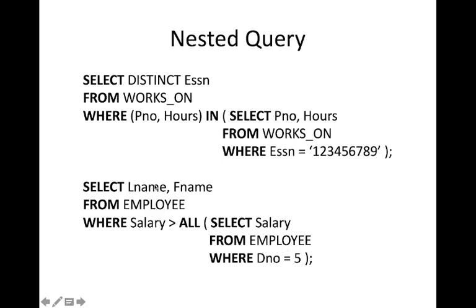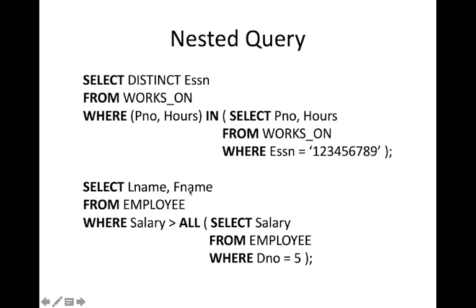So this will return the names of all employees whose salary is greater than all the salaries of the employees in department number 5. Whoever has a greater salary than the employees working in department number 5 will be listed here.